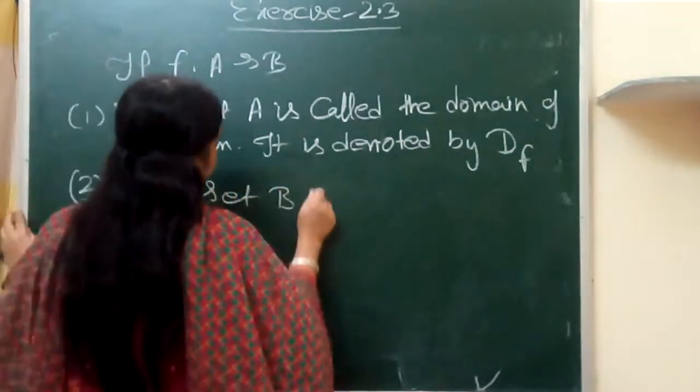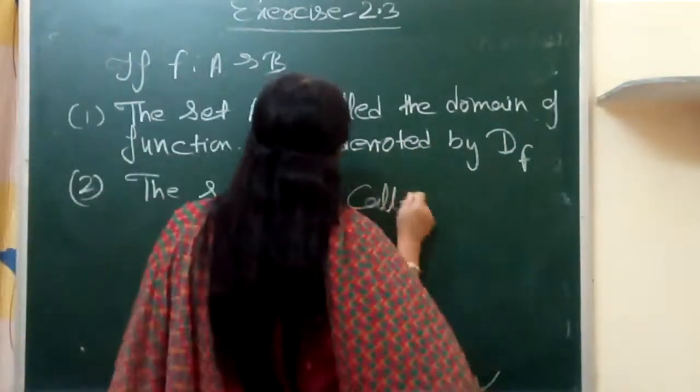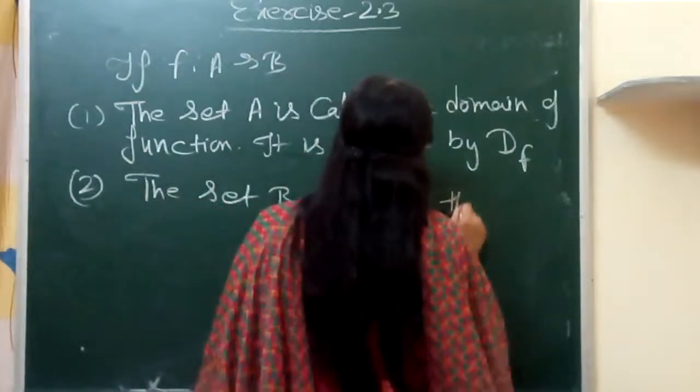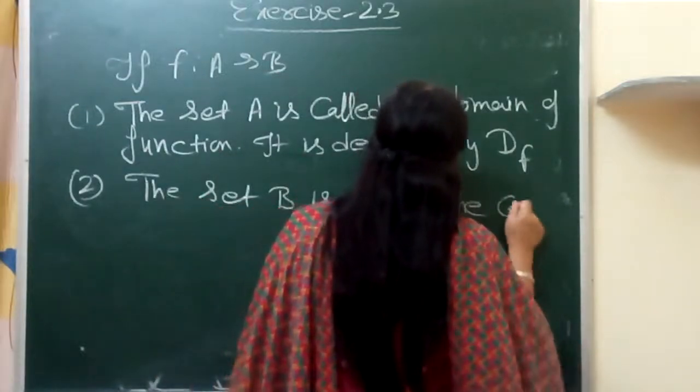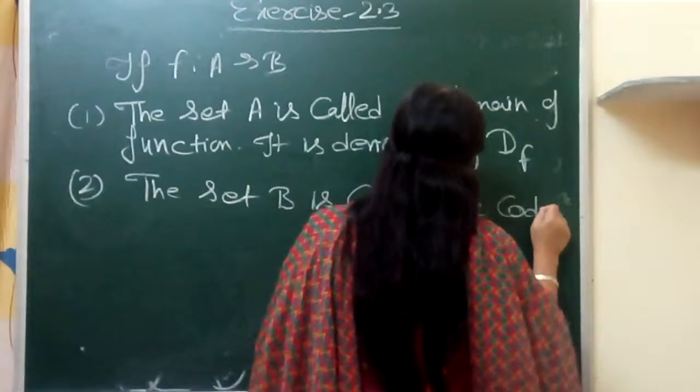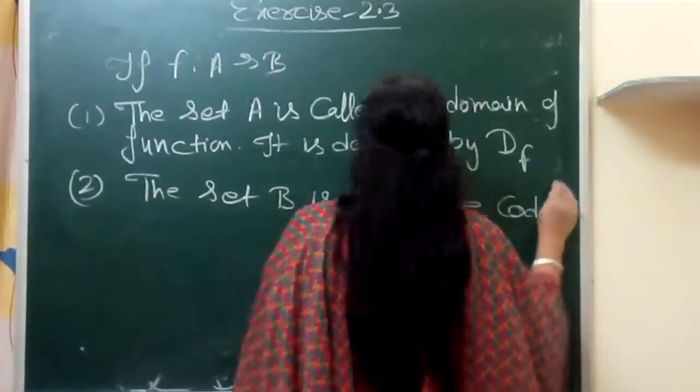The codomain of the function f. And the third one is range.